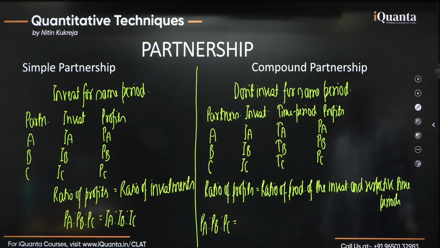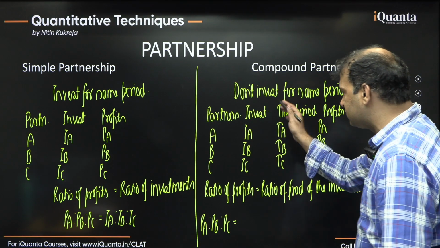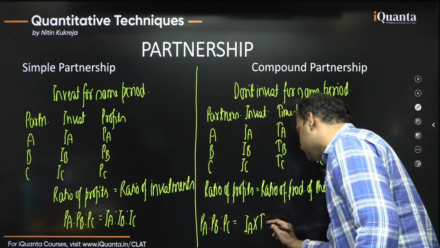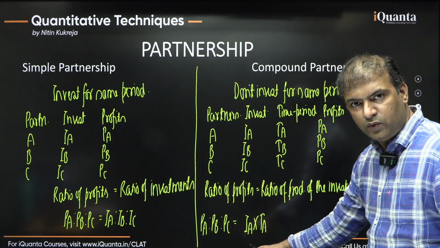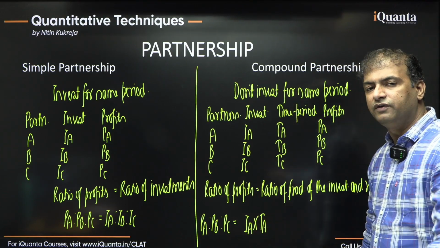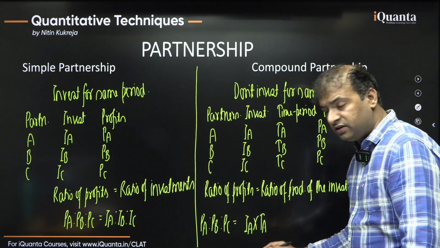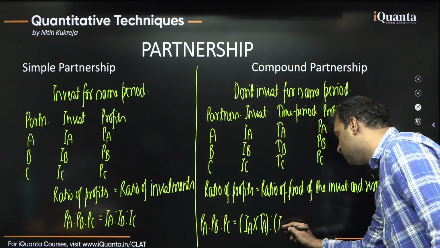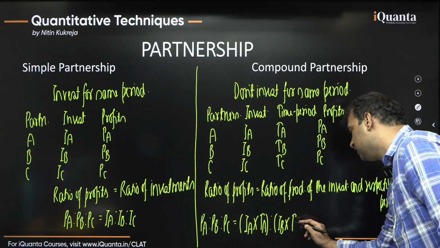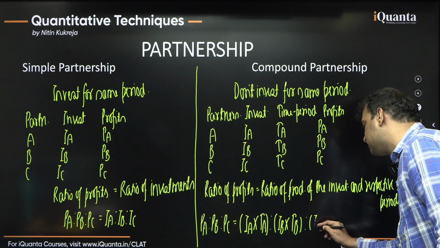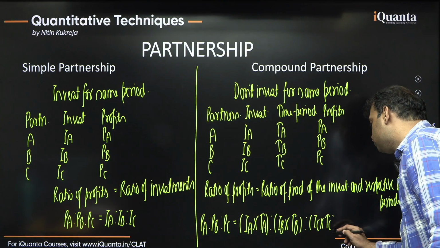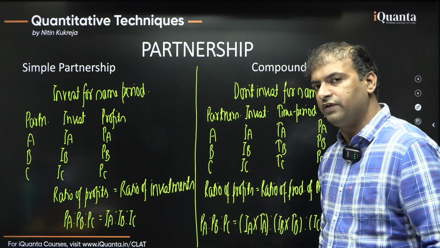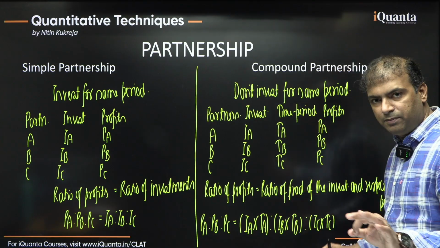For example, investor A, his investment is IA, his time period is TA, so we multiply the investment amount and the time period for which the investor A invested. Similarly, we do for B and C as well. So for B, we'll say IB into TB, and similarly for C, we'll say IC into TC, and then the ratio of all these products must be the ratio of their profits. All right guys, so this is the concept of compound partnership.